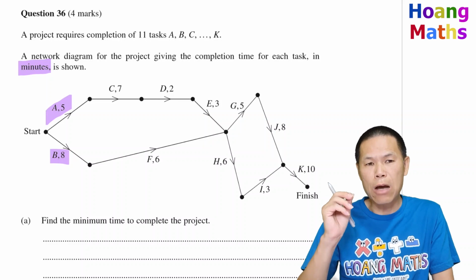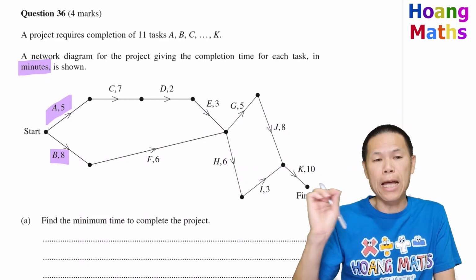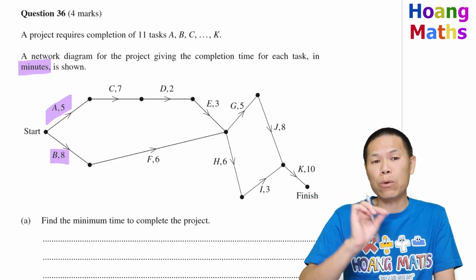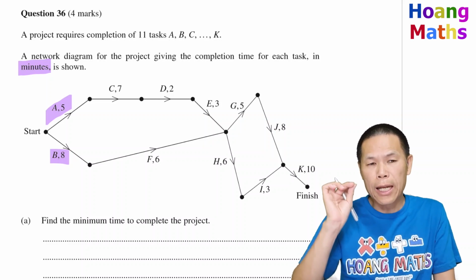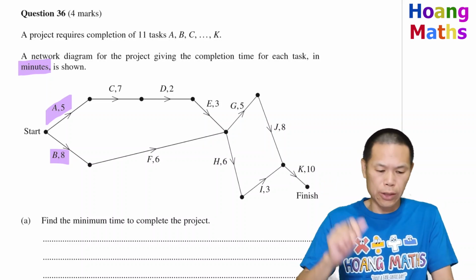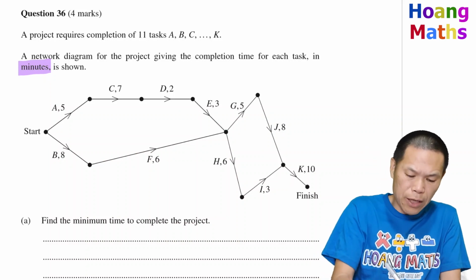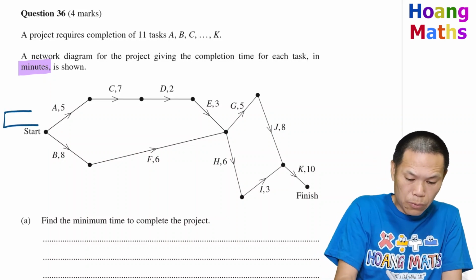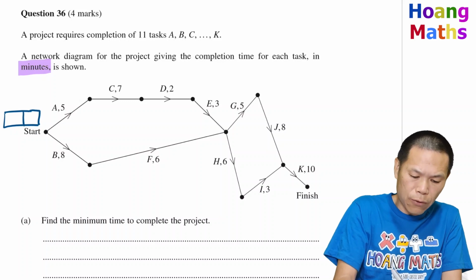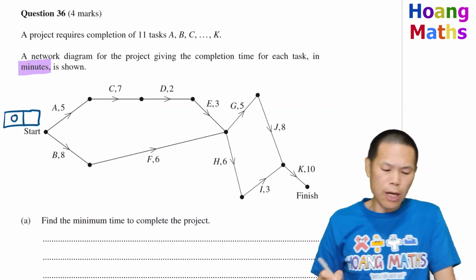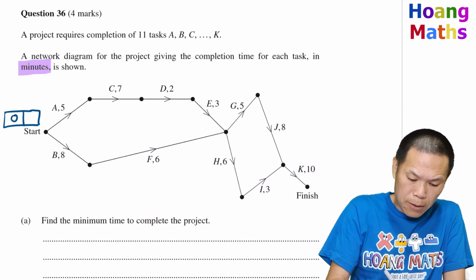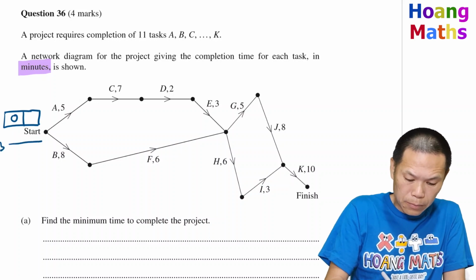To work this out, we need to work out the earliest starting time, and then we go backward and find the latest starting time. Just remember that. Let me start with activity A first. We always start with 0, that's for A, and for B, this 0.